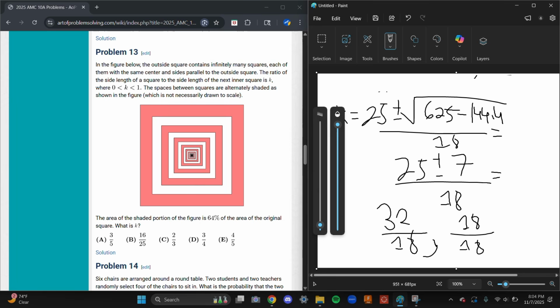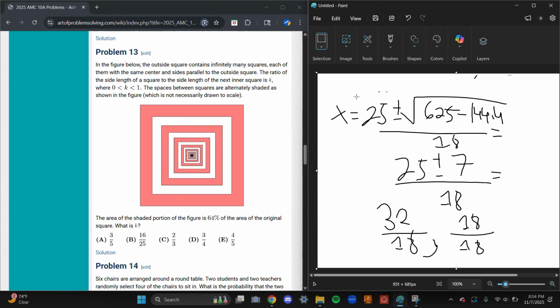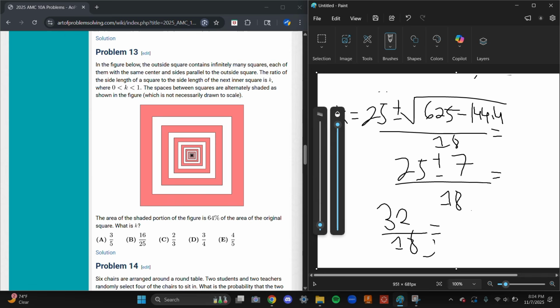Now, the ratio here obviously isn't 1, right, because the squares are decreasing. So r squared here is going to be 32 over 18. We can divide both by 2 to get 16 over 9. This is equal to r squared, right? So r here is equal to 4/3.